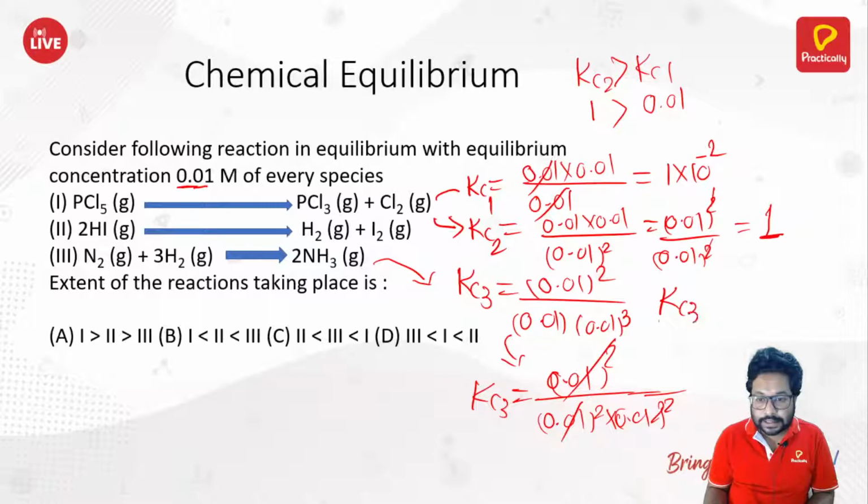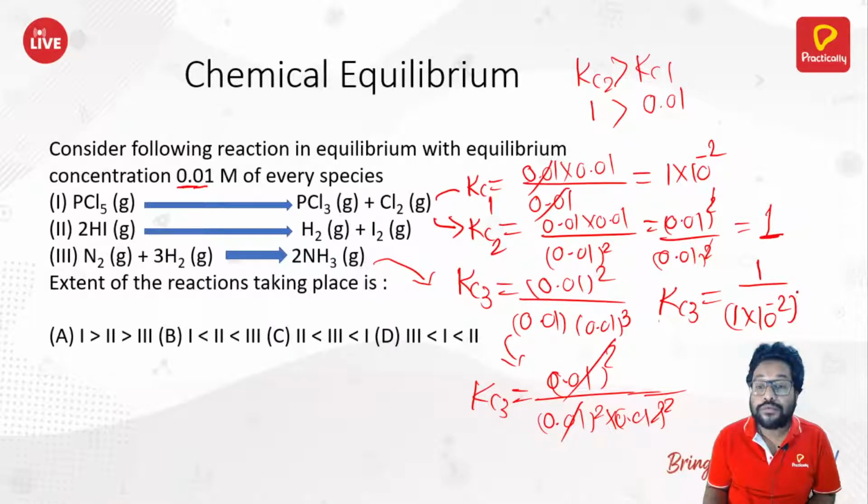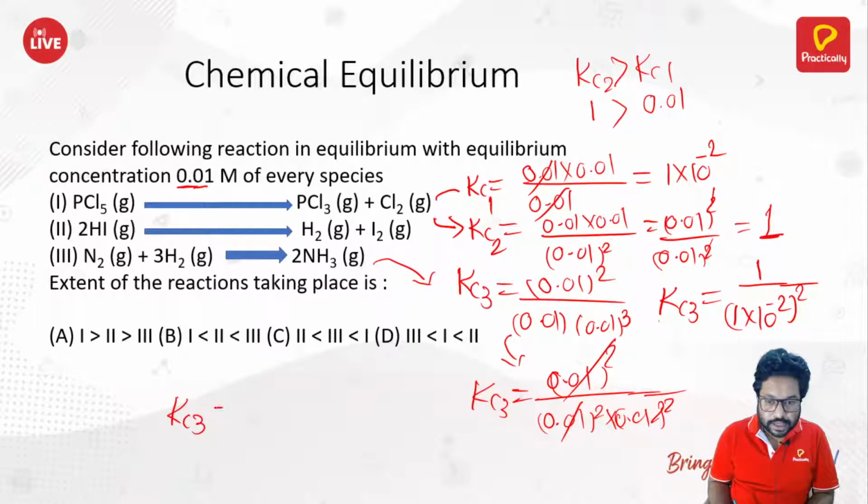Your Kc3 is equal to 1 divided by 1 into 10 raised to minus 2 square, which makes Kc3 equal to 1 divided by 1 into 10 raised to minus 4.